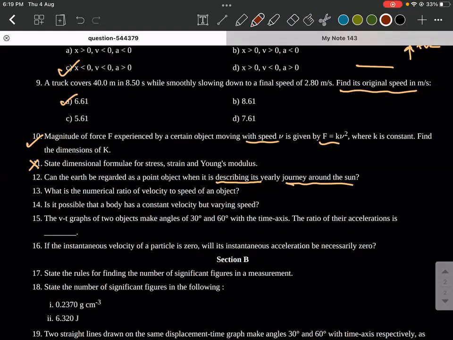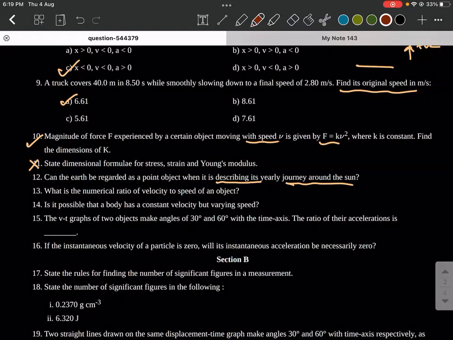So point object is a relative term, not an exact term. Compared to the radius it is going to cover, Earth is a small object. That is why it is taken to be a point object.